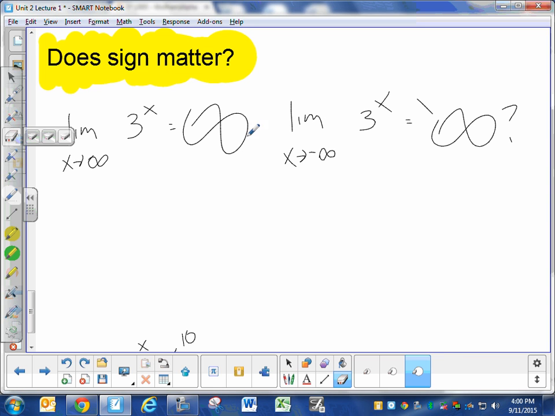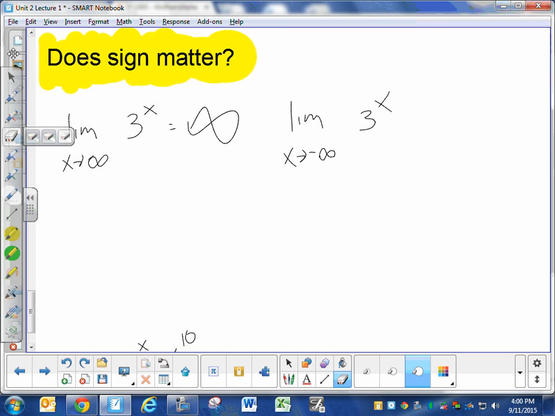Well, let's think about it. Let me fix this infinity first. If I'm plugging in a big value, let's say negative 1,000, well, what's 3 to the negative 1,000? That could be rewritten as 1 over 3 to the 1,000th.